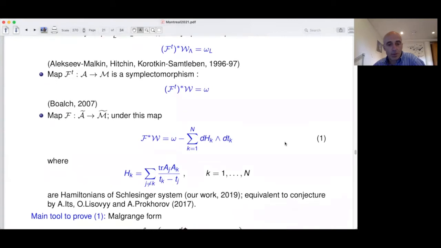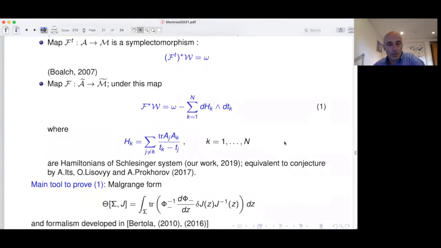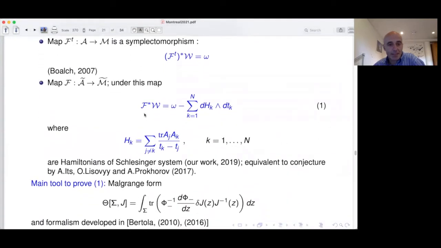Okay, so now it turns out that if you add these t variables to the picture, then this relation holds for fixed t's. If you add t's to the picture, then you should naturally add this term to the relation between forms, right? And these h's are the canonical Jimbo-Miwa Hamiltonians.